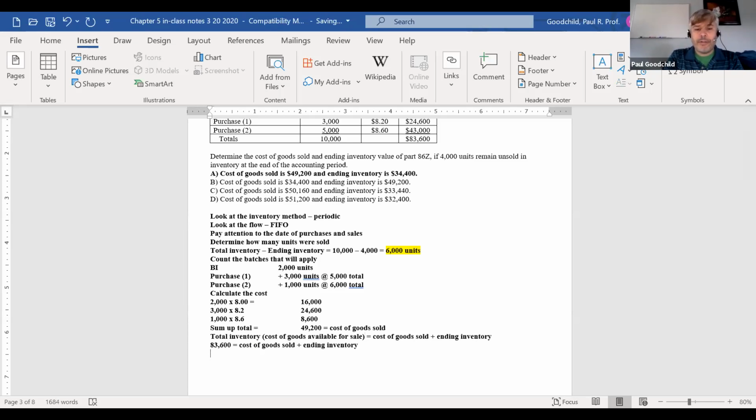So we take 83,600, subtract the cost of goods sold, and that equals your ending inventory. So 83,600 minus 49,200 equals 34,400.